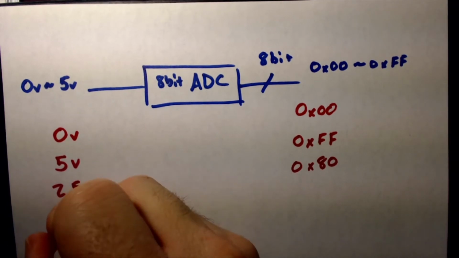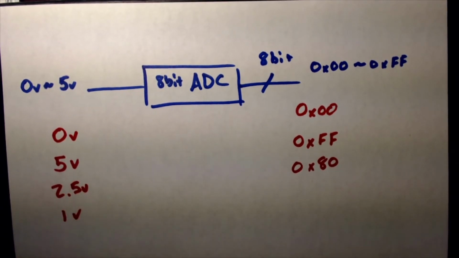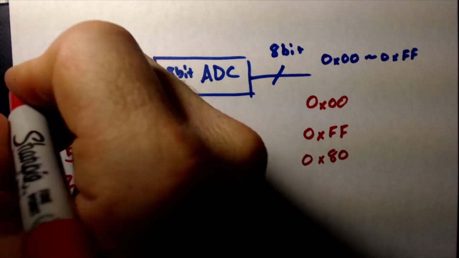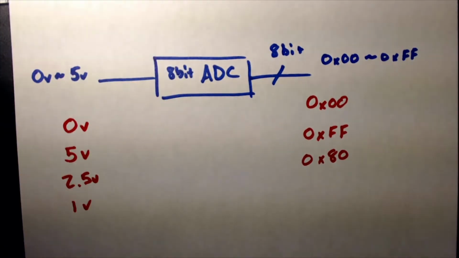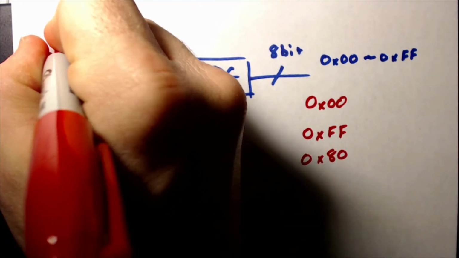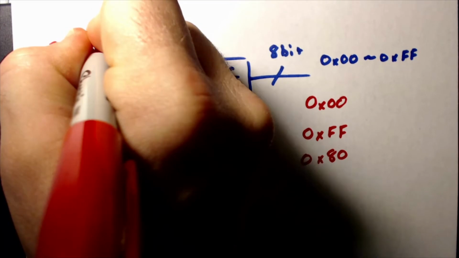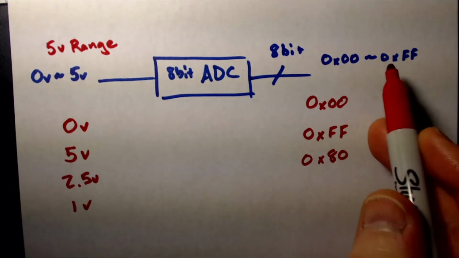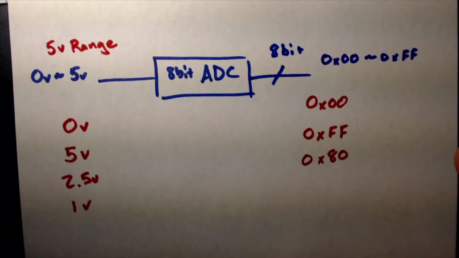What about 1 volt? Well, now we're going to have to start looking at that step size. We calculated the step size by taking this range, the difference here being 5 volts of range, and dividing by how many numbers we can cram 5 volts into.